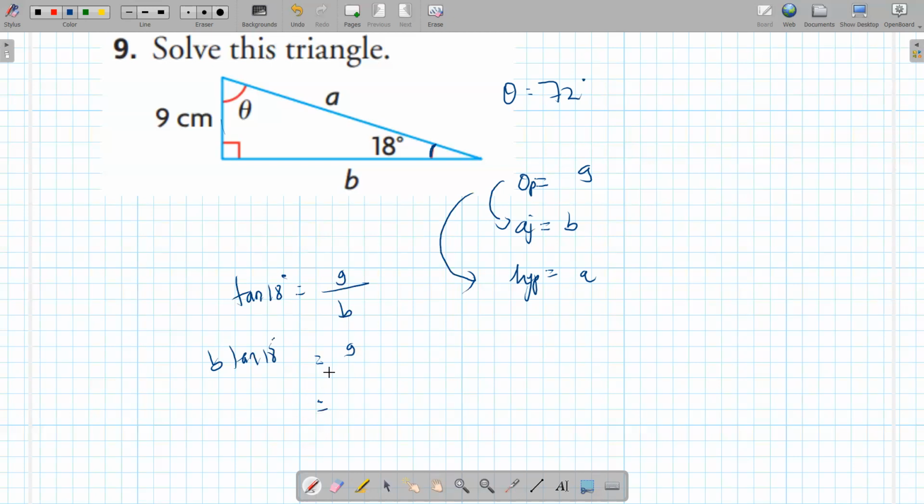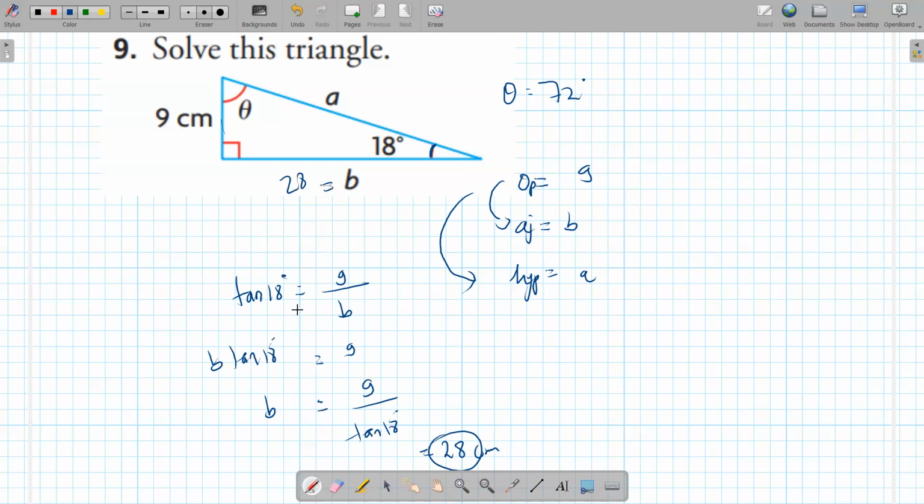Not 9. 9 won't help us. It's going to be B equals 9 over tan 18. 9 divided by tan 18, and that's 27.69. We can round it up to 28 centimeters. So we know this side at the bottom is 28.